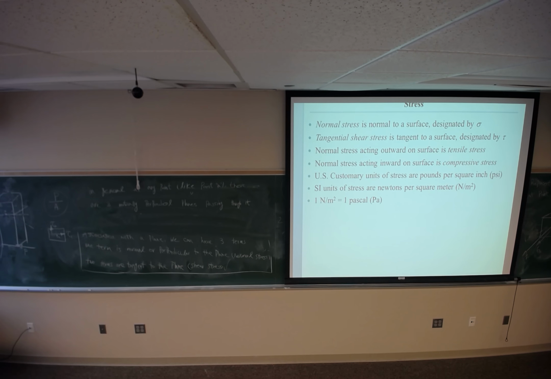I have 1, 2, 3 terms of stress, one normal, two tangential. So I move to the second plane. For the second plane, I already have the normal. For the tangential, I'm going to have this and this. Two tangential stresses.